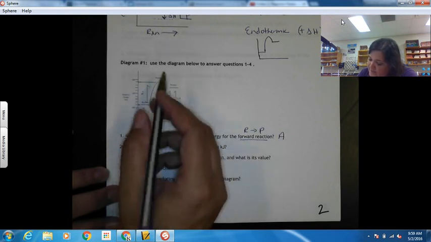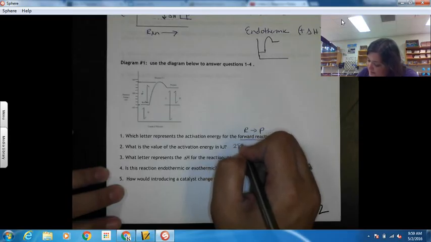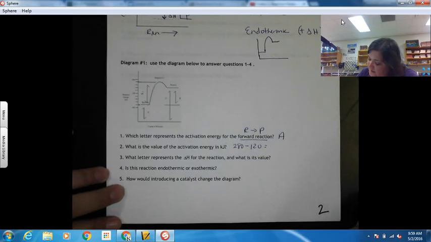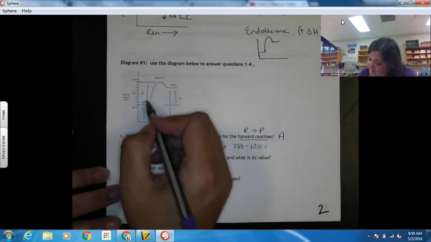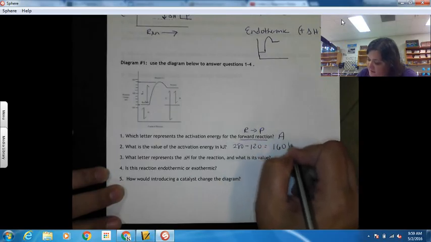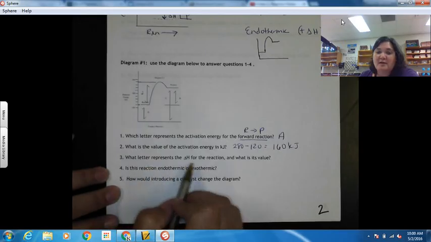So the difference here between 280 and 120 gives us our activation energy because it's this distance here. And so that gives us 160 kilojoules.